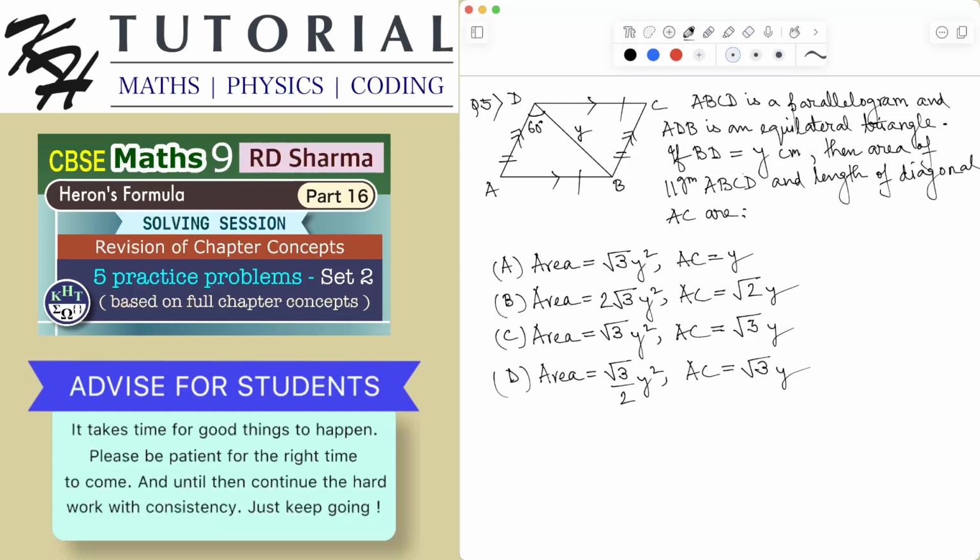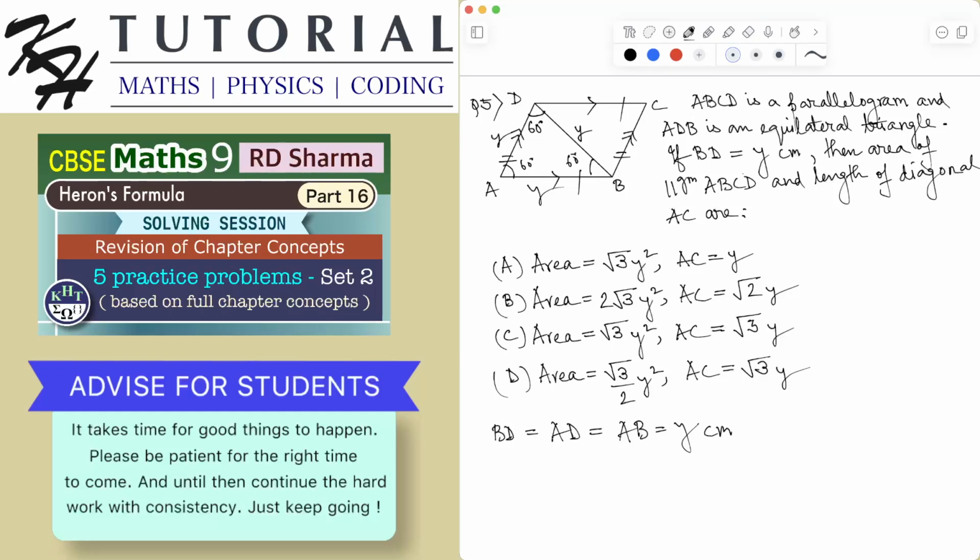BD is given to be y centimeter, and since ADB is an equilateral triangle, BD is equal to AD is equal to AB. They will all be equal to y centimeter, and this is 60 degrees, this is 60 degrees. So AD is also y and AB is also y.